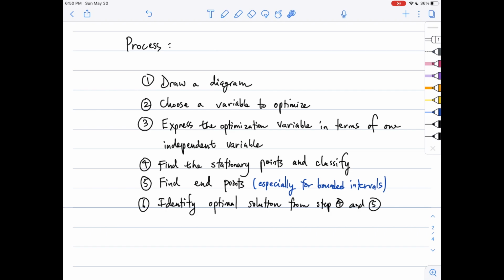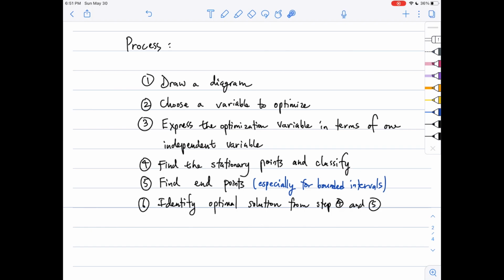Sometimes the interval is not going to be bounded on both sides, and then you kind of have to do limiting analysis, although I feel that might be beyond the scope of HL Math. So in HL Math, if the interval is bounded, then definitely do the endpoints. If the interval is not bounded, then maybe just do a consideration in your head for the end behavior analysis. I'll show you what that looks like in a second.